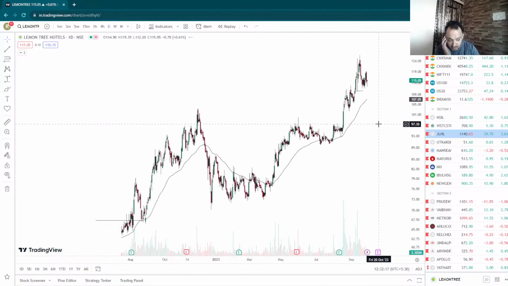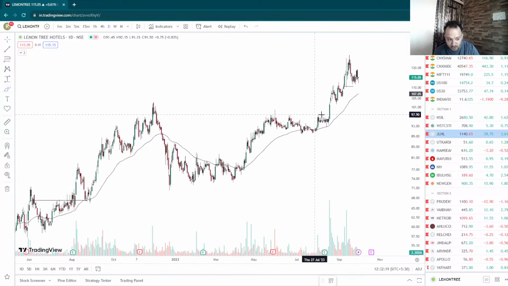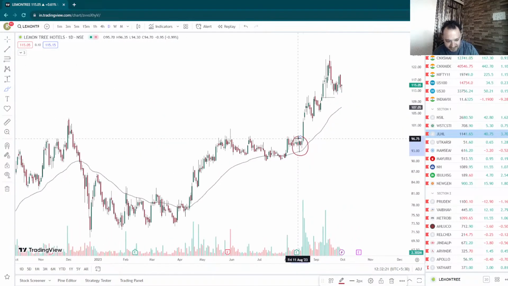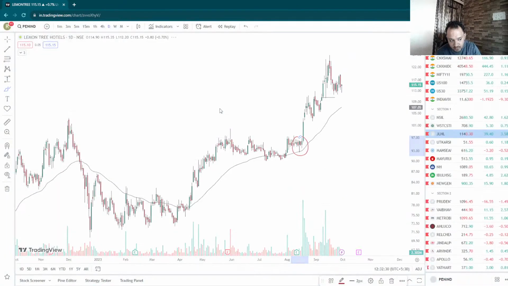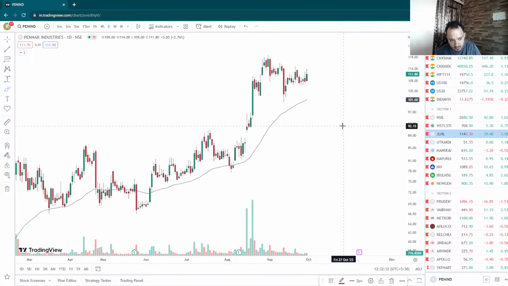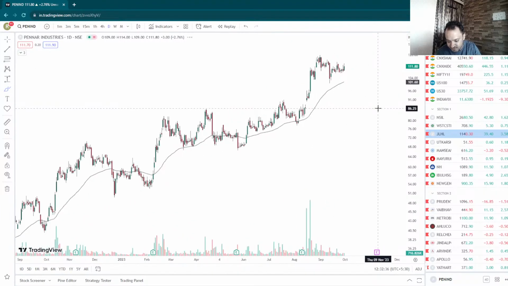I don't buy this. We bought this here in the server. I think people asked about it in the live as well. Avoid this now. Again, this is also extended.